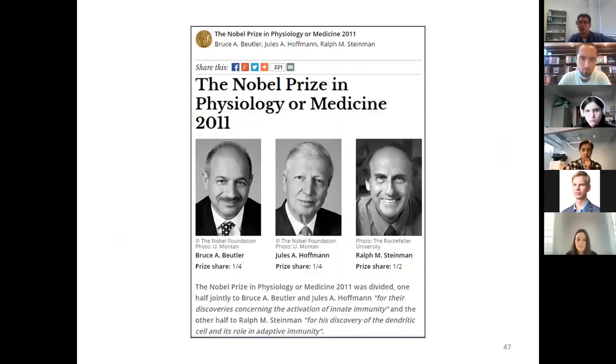Unfortunately, Charlie Janeway would be a very worthy recipient of a Nobel Prize devoted to this topic. However, he passed away in 2003. But there are three worthy recipients, Bruce Beutler, Jules Hoffman, and Ralph Steinman, who received the prize in 2011 for the activation of innate immunity, and particularly for the discovery of dendritic cells and their role in adaptive immunity.